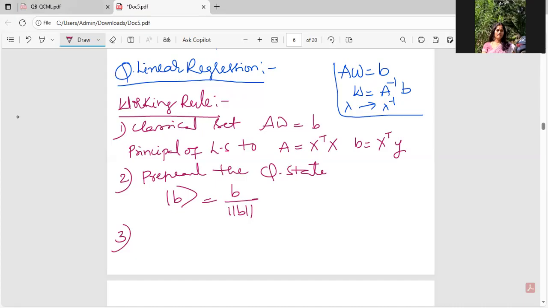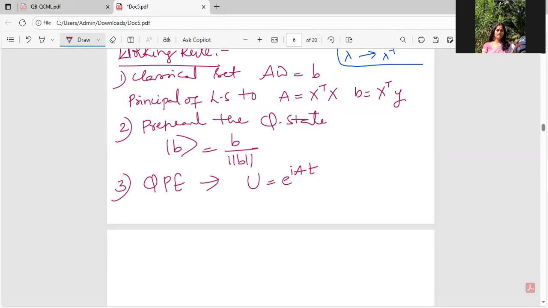Next, the next step would be quantum phase estimation. On the matrix A, I'll be applying phase estimation given by U = e^(iAt). Once I do this phase estimation, each eigenvalue component comes out. Of course, I will do the spectral decomposition.